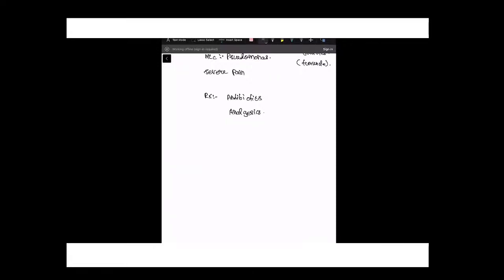Next we have otomycosis. The name says myco, so it is caused by fungi.